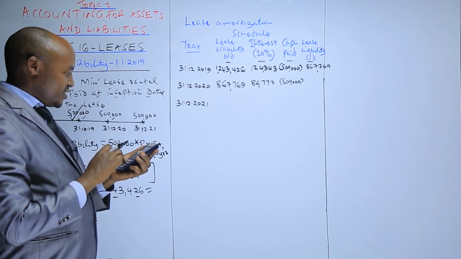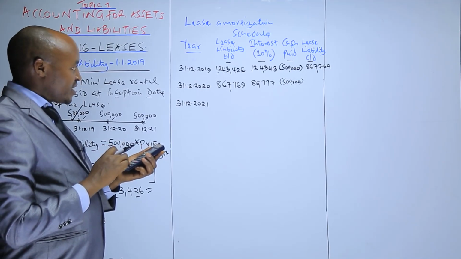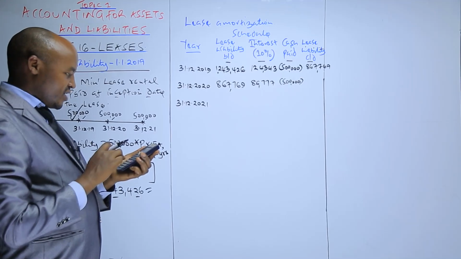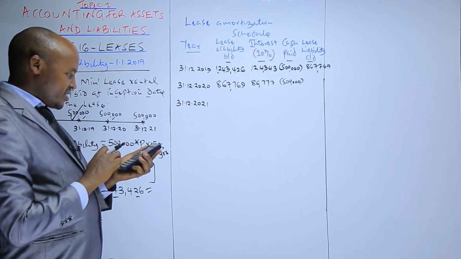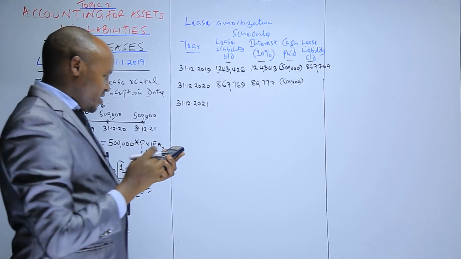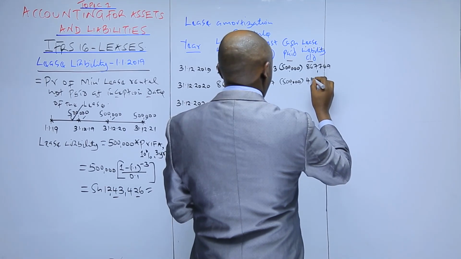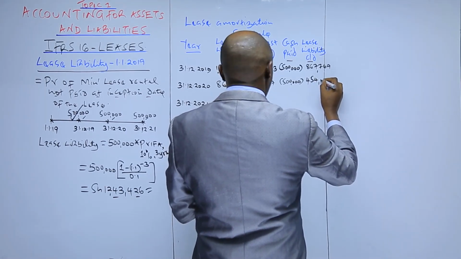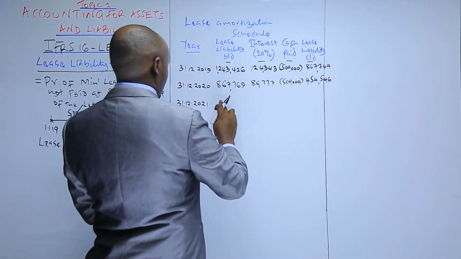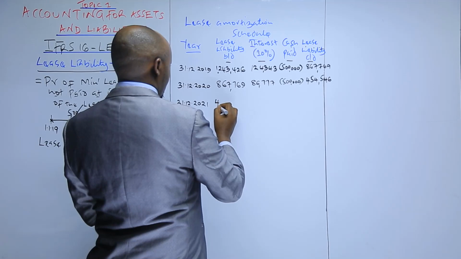So we have 867,769 plus the interest, which is 86,777 minus 500,000, and that will give us a figure of 454,546, and then that now will be the lease liability at the start of year 3.